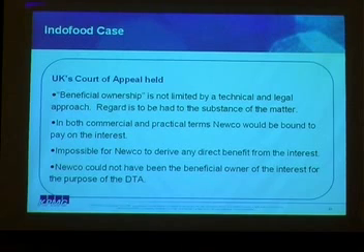Because the issue that they went to the UK court on was whether it was reasonable to put in a Dutch company, and that all turned on the issue of whether it could be said that the Dutch company would have beneficial ownership of the interest, this being a requirement to access the treaty benefits. So if we jump to what the UK's Court of Appeal said, they essentially found in favour of Endo Foods.